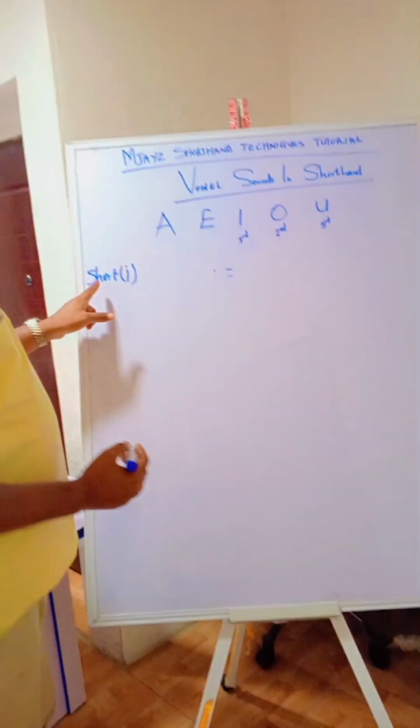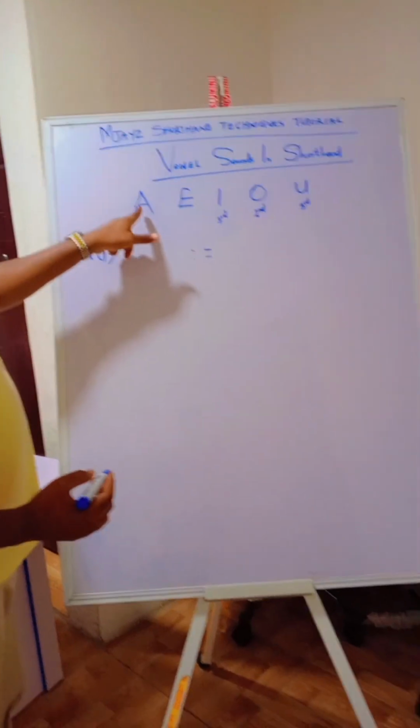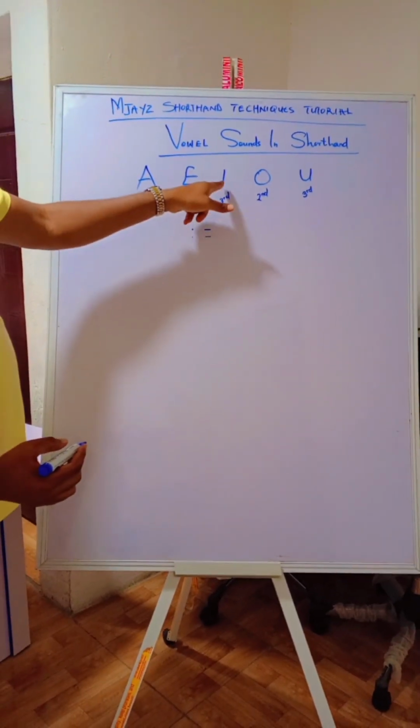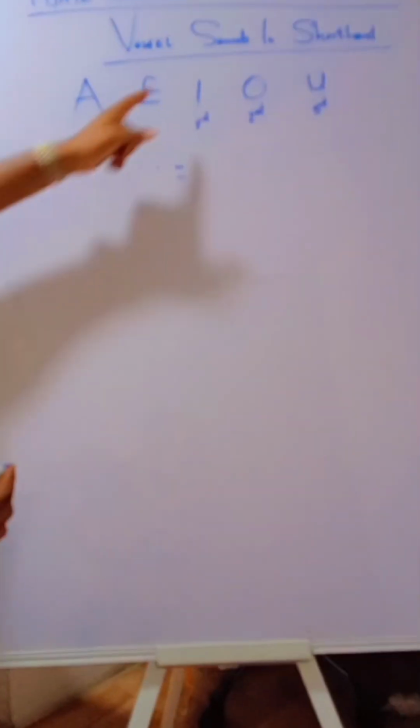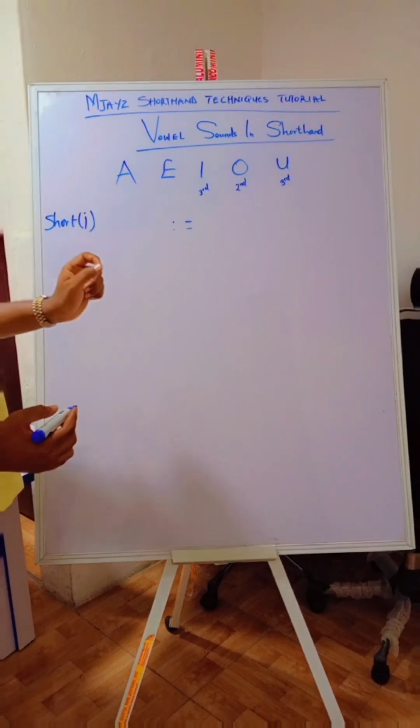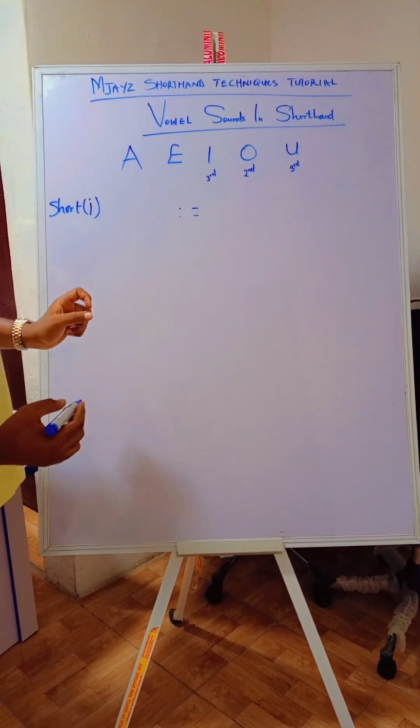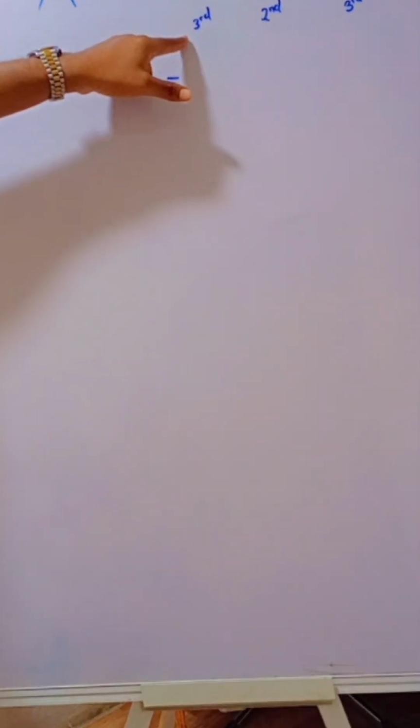The last time we talked about A and E. Now we are going to look at the short E, because we have short E and long E. Both of them are third place vowels.